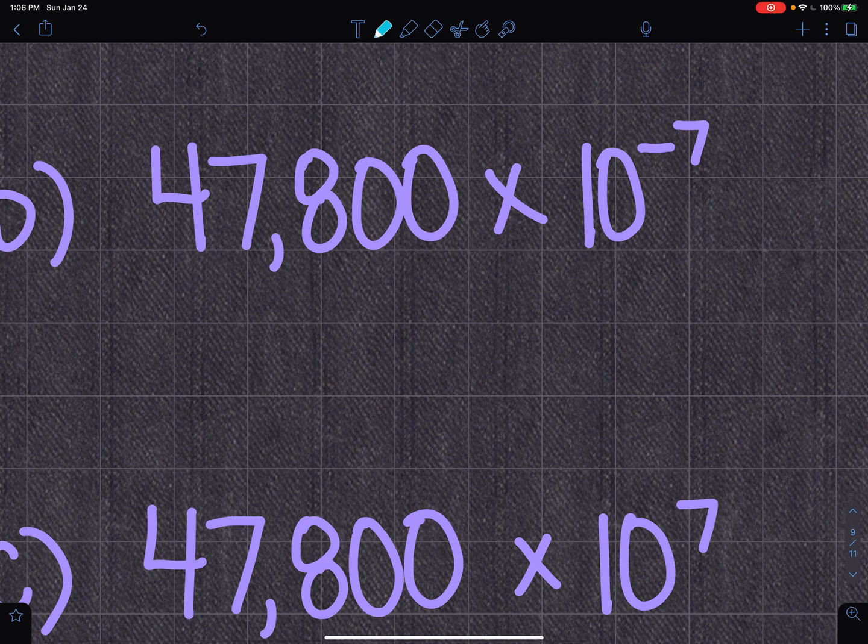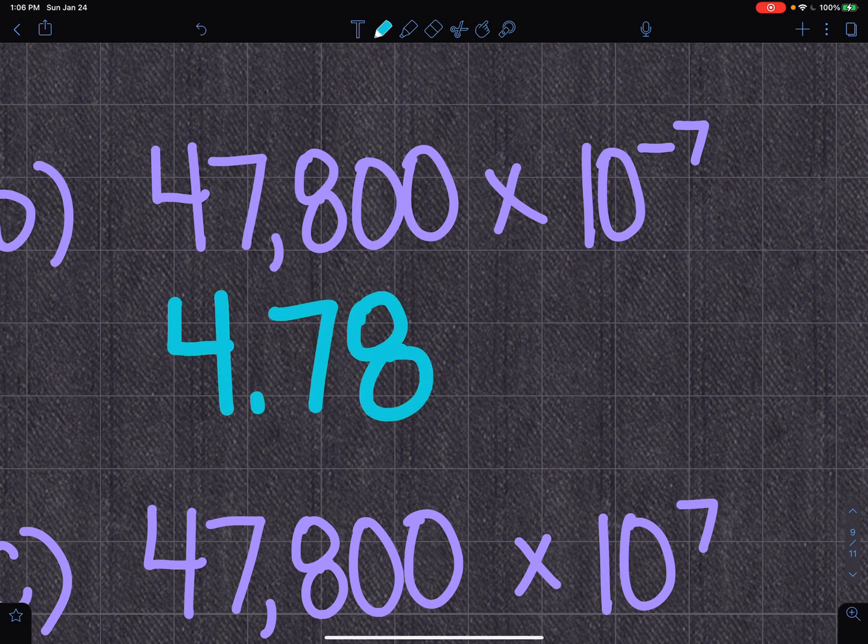Turn this into scientific notation. Again, you've got a student that did it wrong. This is going to be 4.78. And you're basically turning this number into a bigger number. So you're telling someone to move the decimal to the right, so you're going to have to do times 10 to the positive number. But what is that positive number? It's going to be 1, 2, 3, 4.